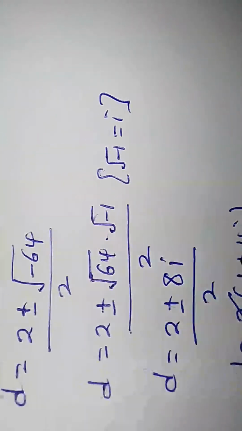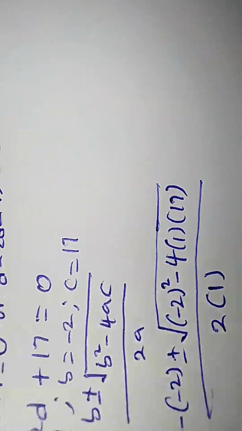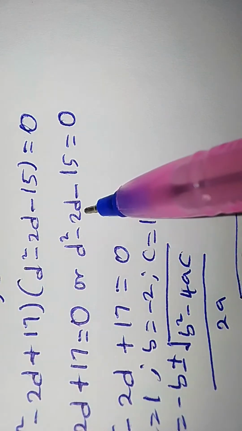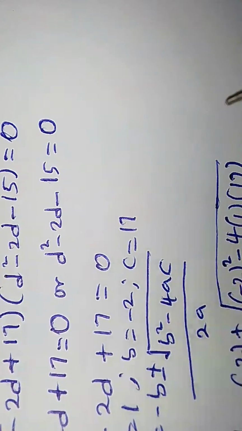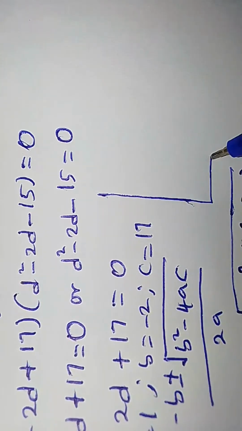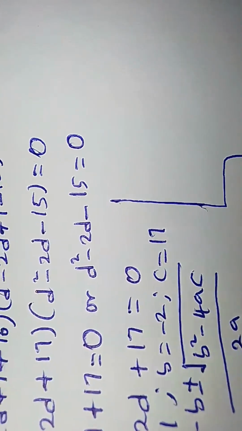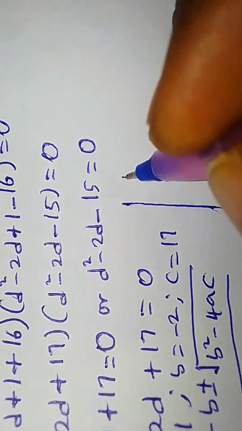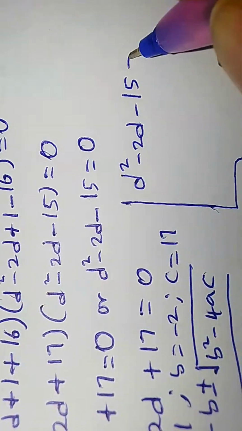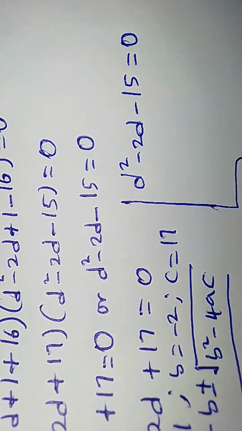Now, let's solve the other quadratic equation, which is this one, d^2 - 2d - 15. We have d^2 - 2d - 15 equal to 0.